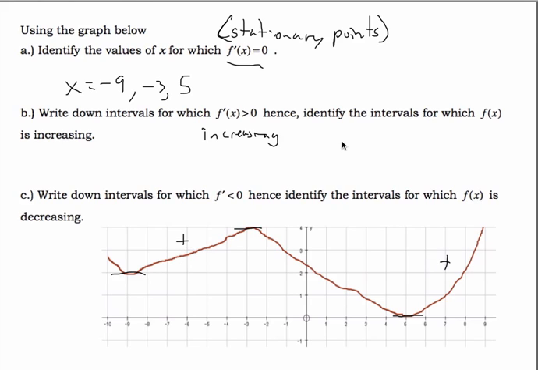So when x is between -9 and -3, it's increasing, and also when x is greater than 5. And where is the function decreasing? It's decreasing over here, and over here. So it's decreasing when x is less than -9, and when x is between -3 and 5.